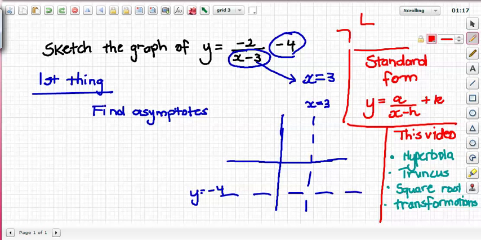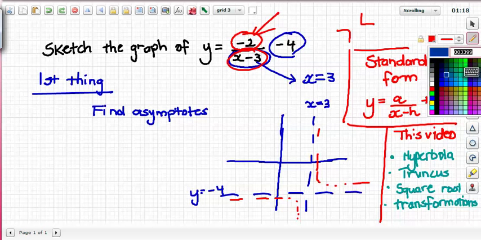Now the problem is that we've really got to look at the reflections. This negative 2 over here indicates that we've got a reflection. So rather than our original graph looking something like this, when it's a reflection, we've got a reflection in the x-axis. We'll get to that later when you've got a negative value in front.